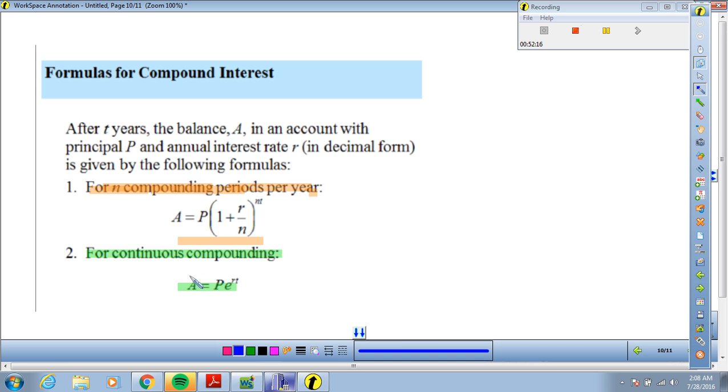Let me tell you the key. When the word problem says continuous, the word continuous is going to say compounding, but it's going to say continuous. This is the formula that you're going to use. If it just says compounding, but never the word continuous is mentioned, just compounding, then this is the formula that you want to use. Okay, this right here.